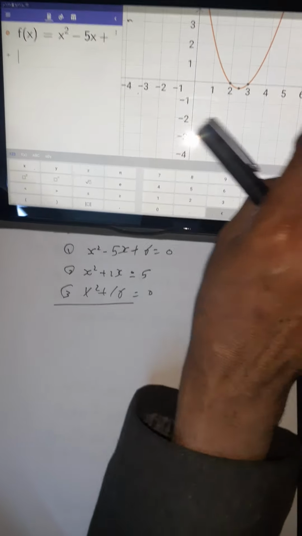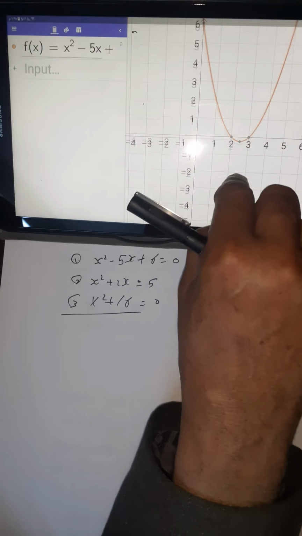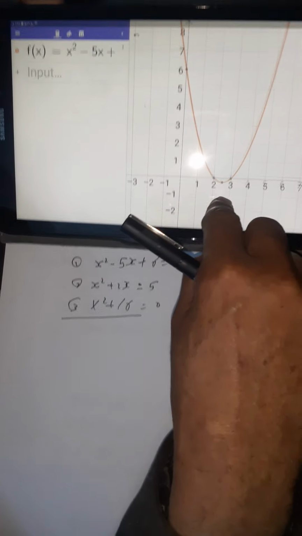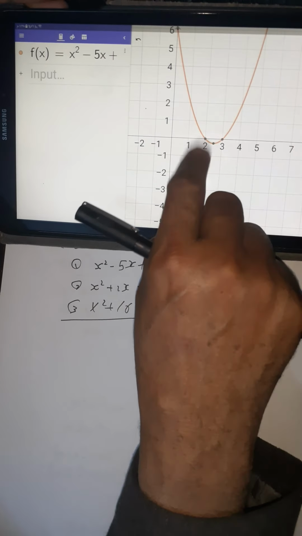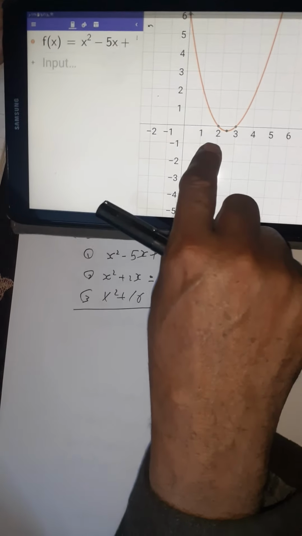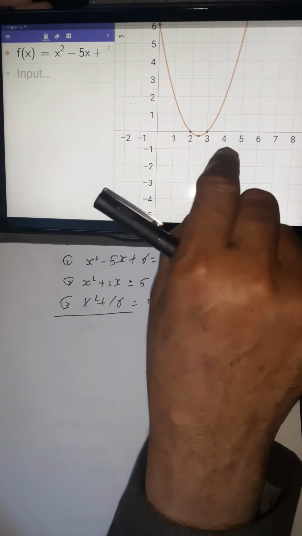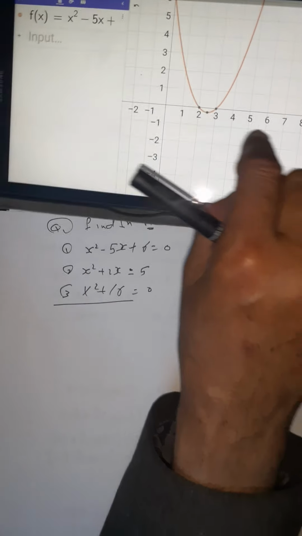We find the figure. You can move the figure up and down, right or left. The curve intersects the x-axis at 2 and 3. 2 and 3 are the two roots of the equation.